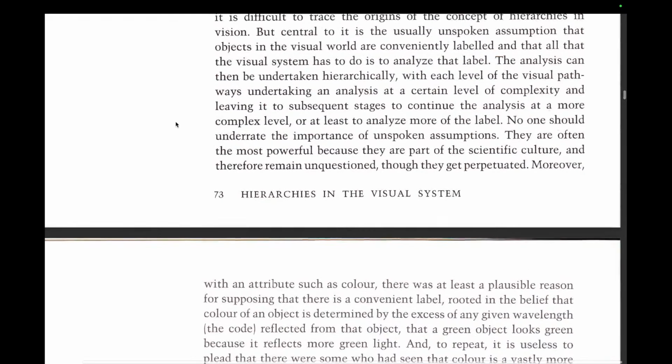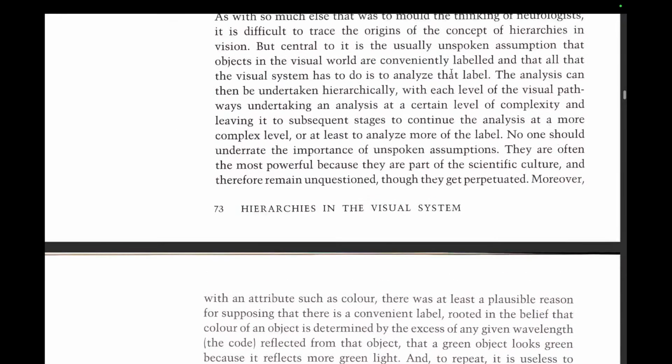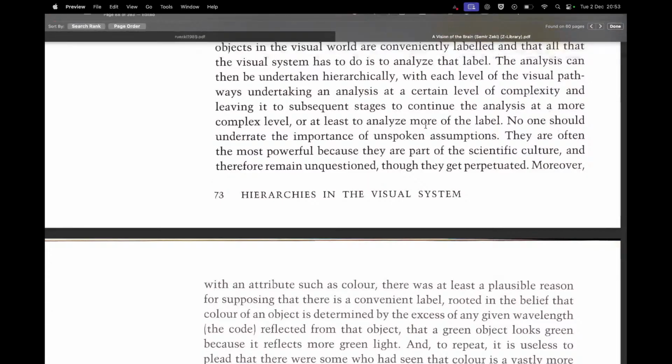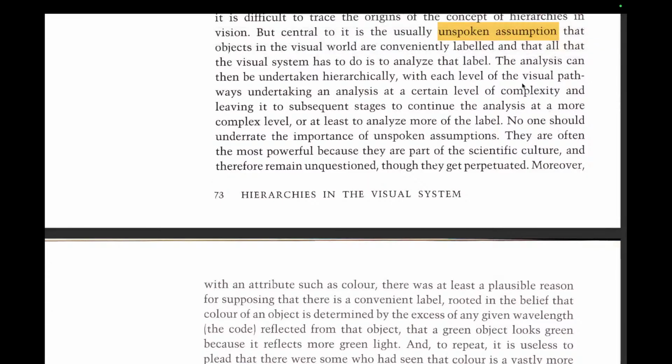What does that mean? So, the unspoken assumption, this is a key term, and I will highlight that here, that objects in the visual world are conveniently labeled, and that all that the visual system has to do is analyze that label. Is that true?